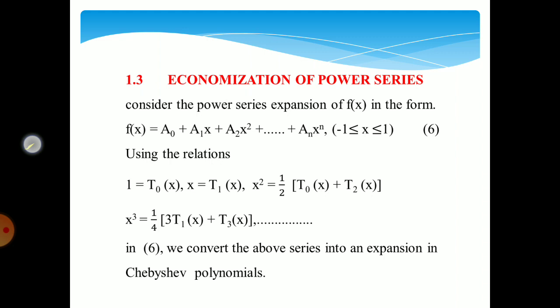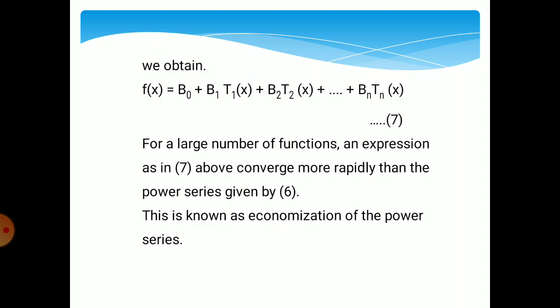We shall substitute and simplify, and after simplifying you will get an equation of the form f(x) = b0, where b0 is a new constant, plus b1 T1(x) plus b2 T2(x) plus ... bn Tn(x). This is equation 7.